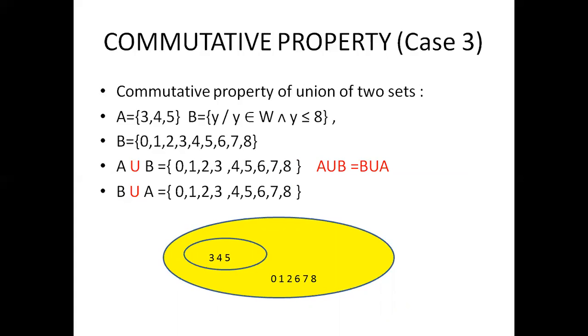So that's why set A will be drawn inside set B. Remember once again, it's very, very important that there is a common between A and B, but A doesn't have its own elements. So A will be drawn inside B.